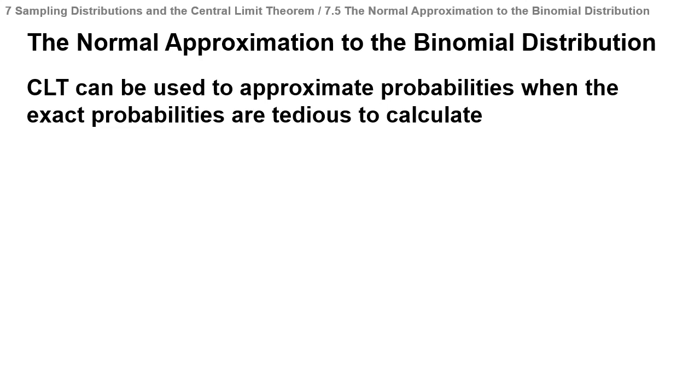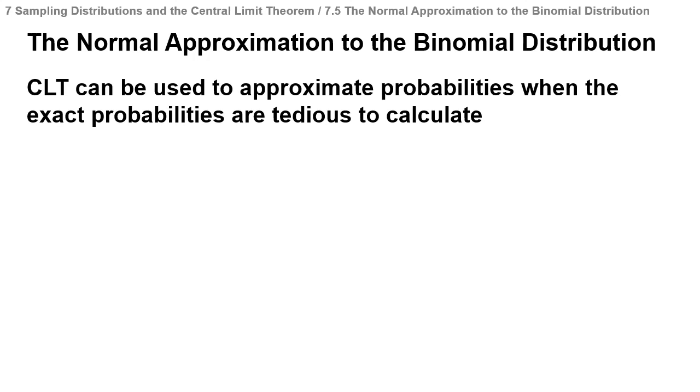Chapter 7.5 is about the normal approximation to the binomial distribution. This is one example case where the central limit theorem can be used. You can think of this as one example of the central limit theorem being used in a certain situation. Here, the CLT can be used to approximate probabilities when the exact probabilities are tedious to calculate.